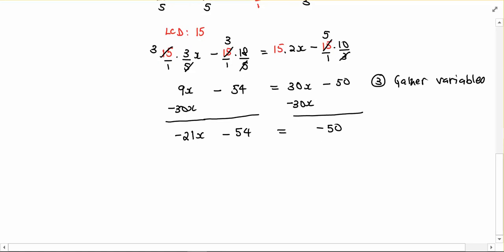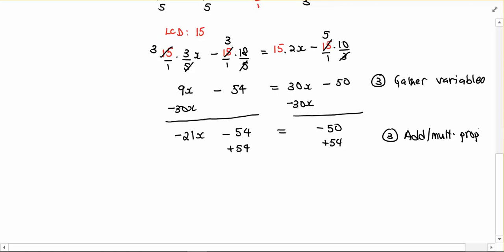Notice how I write the equal sign, the right side, everything very clearly, each step, slowly and carefully. Right? There's no rush. Now I'm going to add 54 to both sides. I'm using the addition property of equality right there.